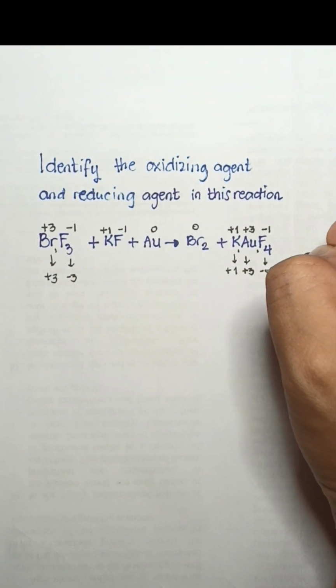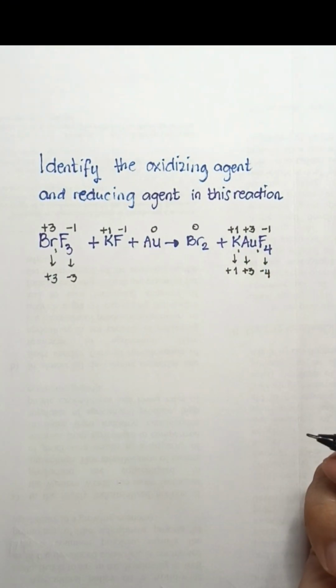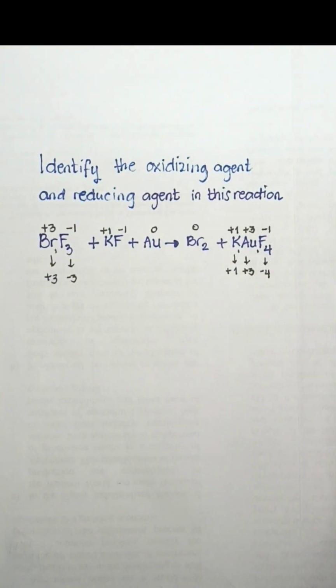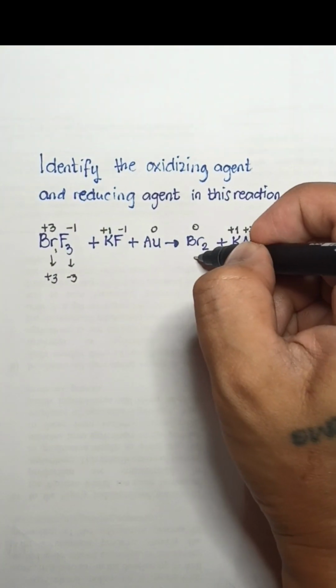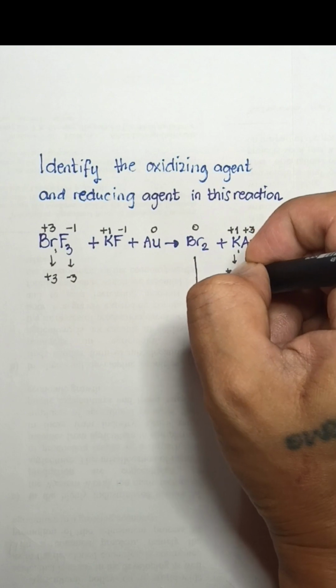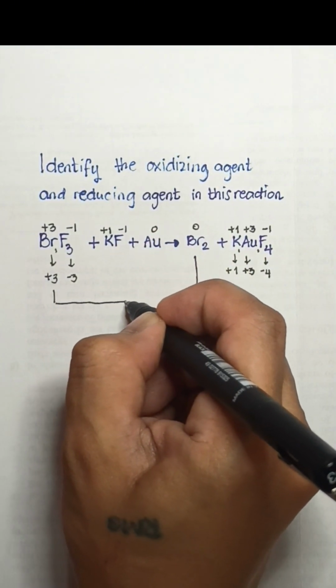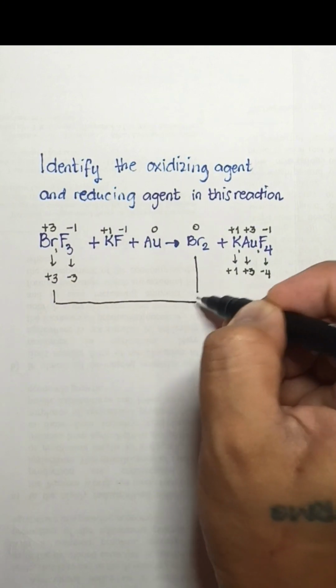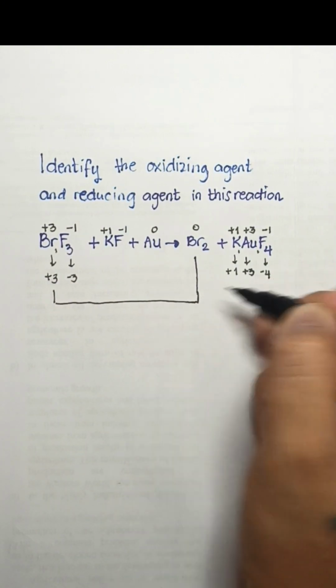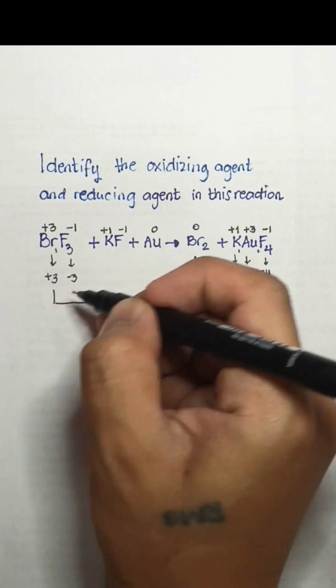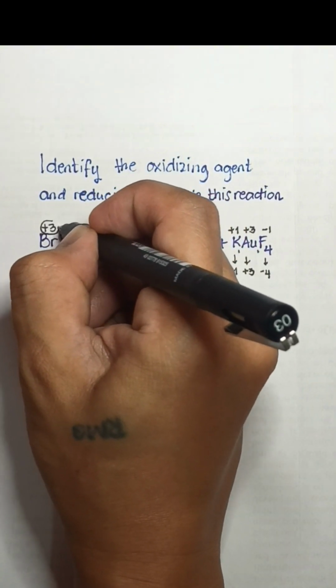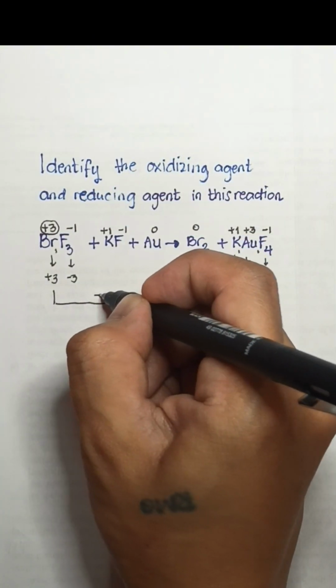Now let's identify which of these atoms change their oxidation numbers. It is obvious that gold and molecular bromine here have 0 oxidation states, meaning we can trace from bromine trifluoride if bromine has changed, that's +3 to 0.